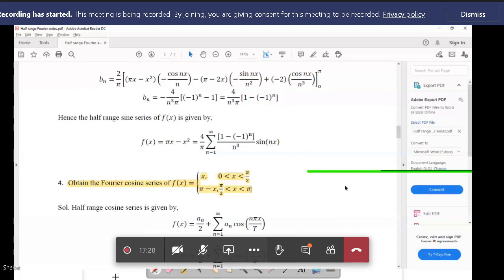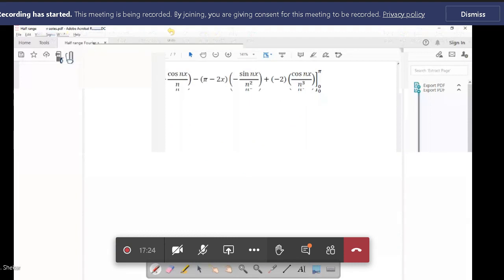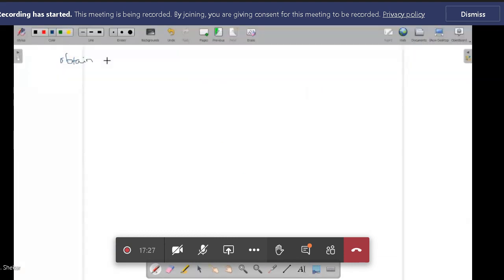So take another example. Obtain the half range cosine series of the function f of x equals x in the interval 0 less than x less than pi by 2.